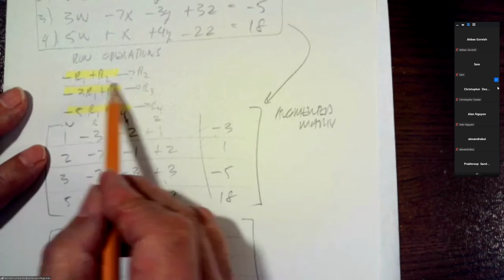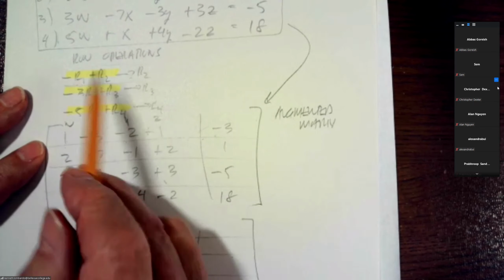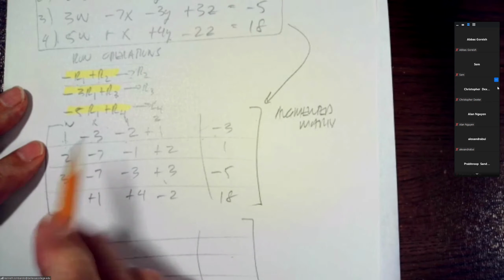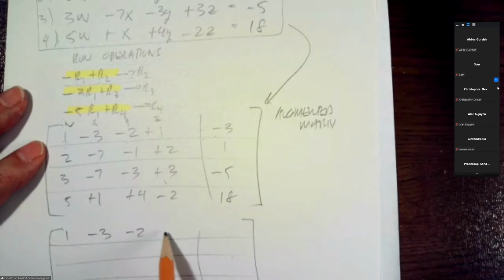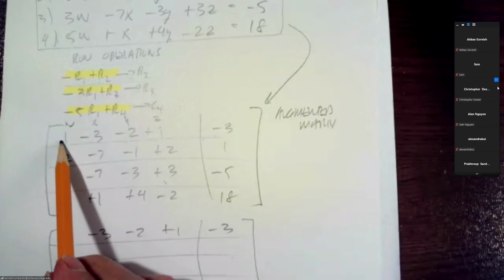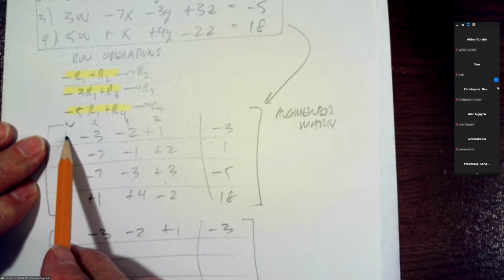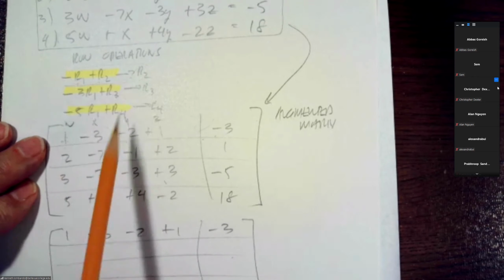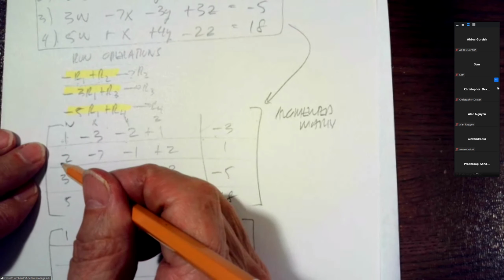So if I do this first operation, negative row 1, and add it to row 2 and replace row 2 with that, what do I get? Negative row 1 is giving me a -1. So I'm not changing anything in row 1. So I'm just going to put 1, -3, -2, +1, -3. If I take negative row 1 and add it to row 2, what do I get? So there's a -1 times row 1. Okay, so negative row 1 plus row 2, -1 plus row 2.